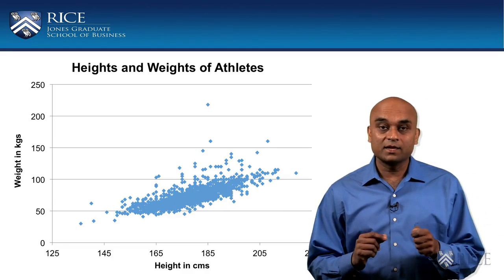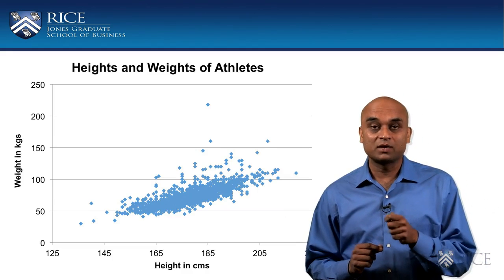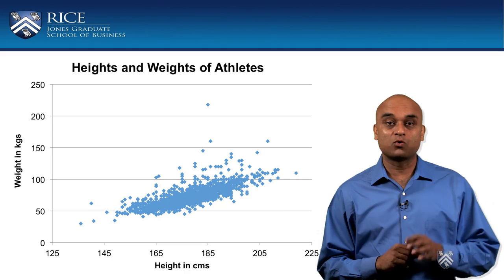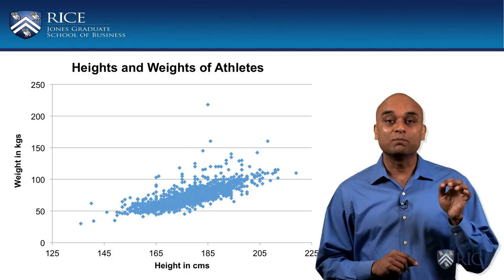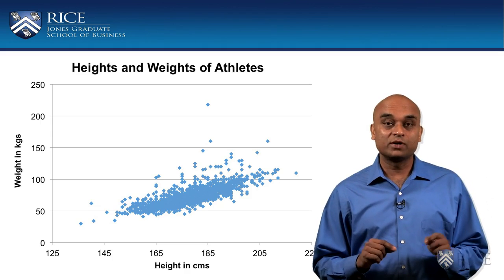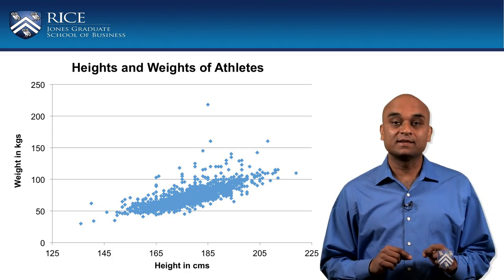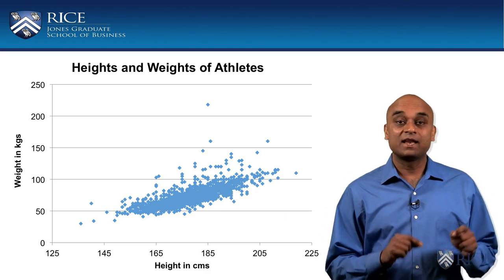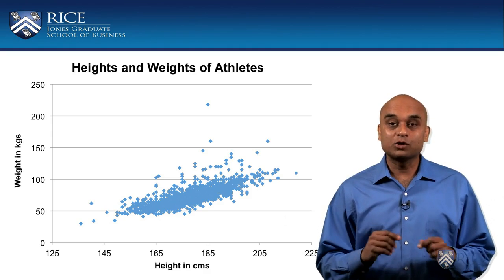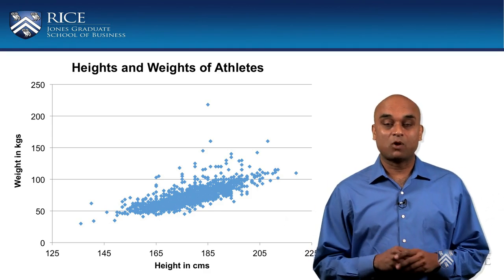Let us take another look at the scatter plot constructed in one of the lessons in the first course in this specialization on business statistics and analysis. The first course introduced the use of Excel for analyzing data, and in a particular lesson we constructed a scatter chart, also known as a XY plot.